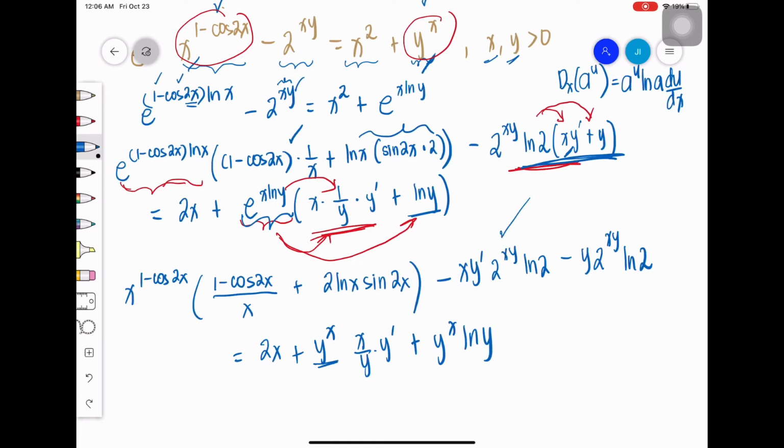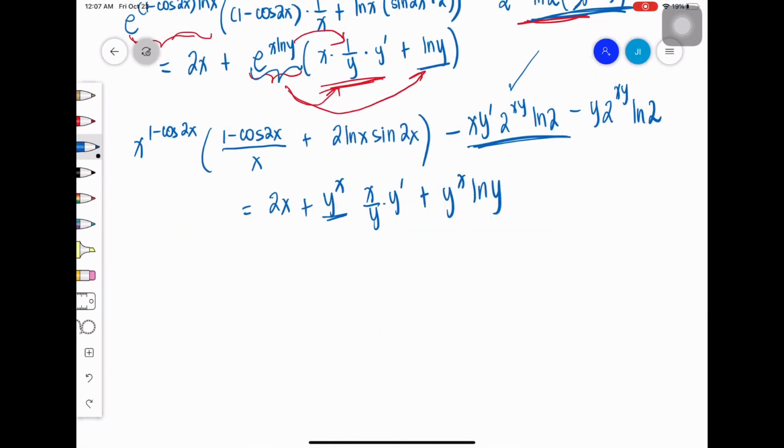So ang gagawin ko na lang dito, lipat ko to sa right side, then the rest mapupunta sa kabilang side. Okay lang? So I'll have something like, sa right side, ang itsura niya ay, ito matitira, no? Y to the x. So yung y raised to x over y, pwede ko siya isulat as y raised to x minus 1.